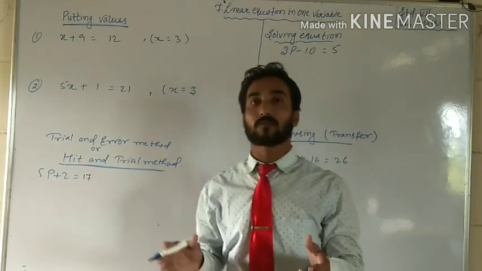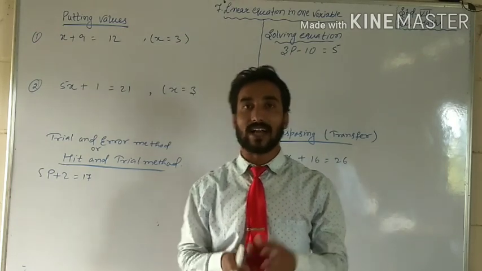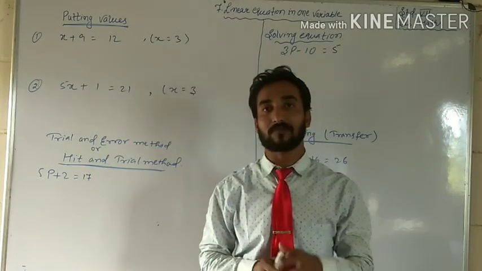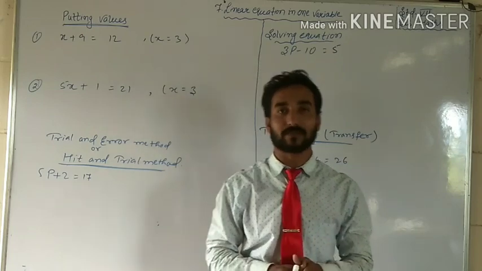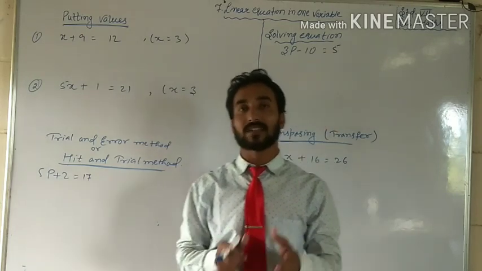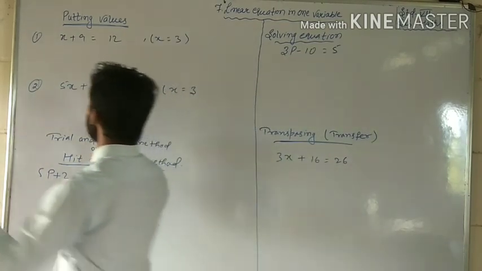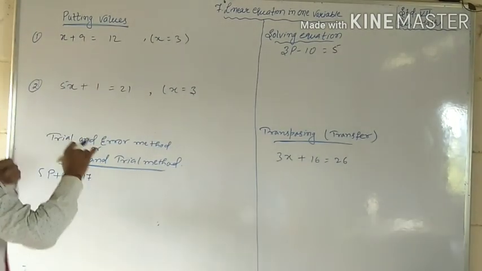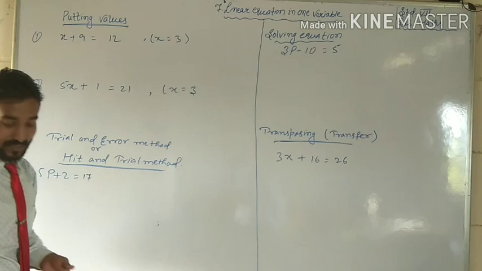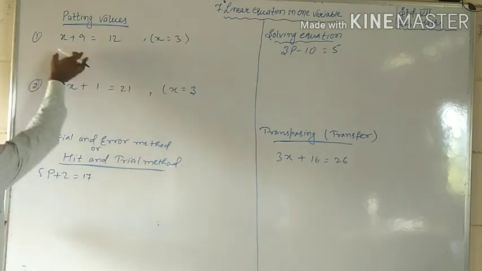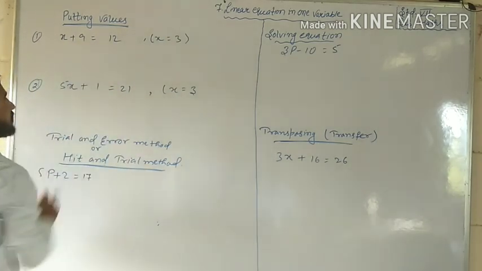Before proceeding, as usual, use headphones for better listening and experience, and get ready with the textbook. So students, in front of you can see putting values. What is putting values? See, x plus 9 is equal to 12.